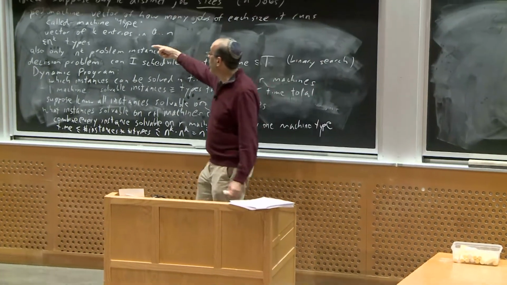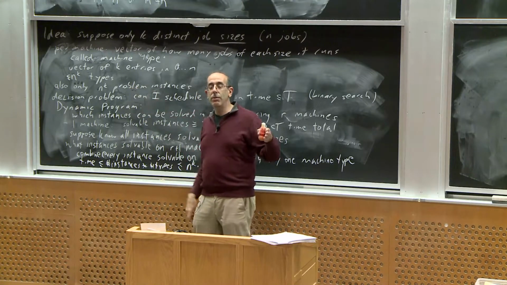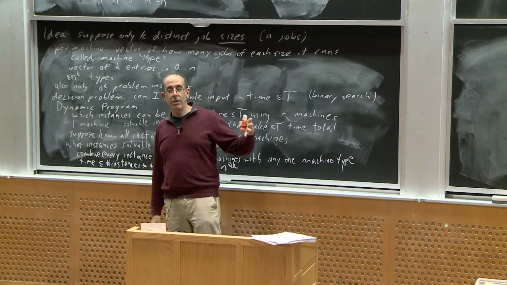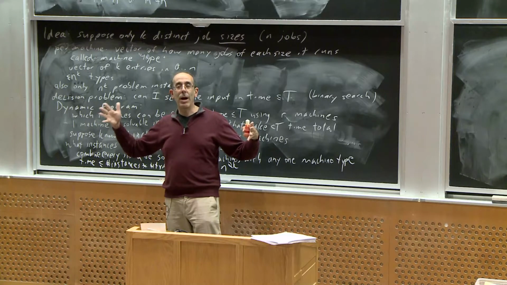One of the first things that we argued was that there are only n to the k problem instances. So we take each of these solvable instances on two machines, of which there are at most n to the k, and we imagine combining it with each possible last machine, which is going to solve some more jobs.